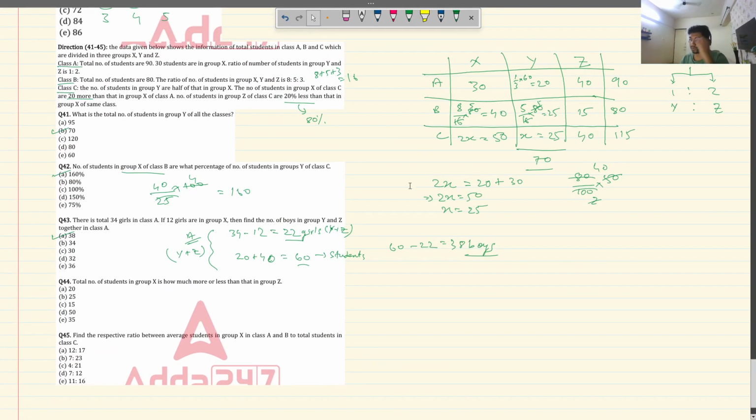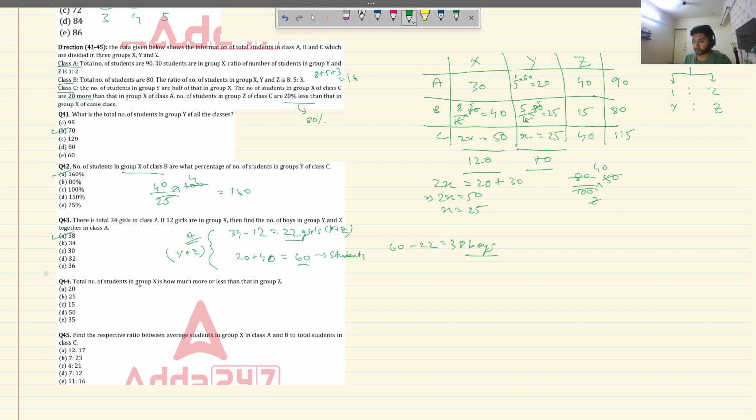Total number of students in group X is how much more or less than in group Z? Total number of students in group X is 50 plus 40, 90. 90 plus 30 is 120.